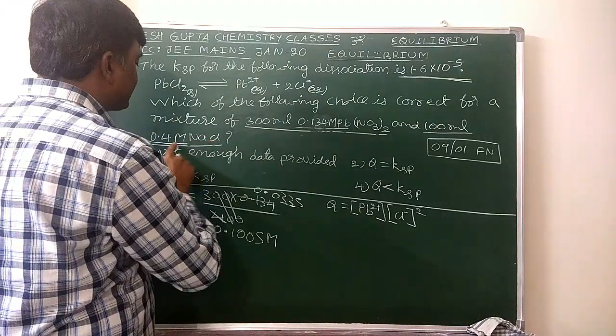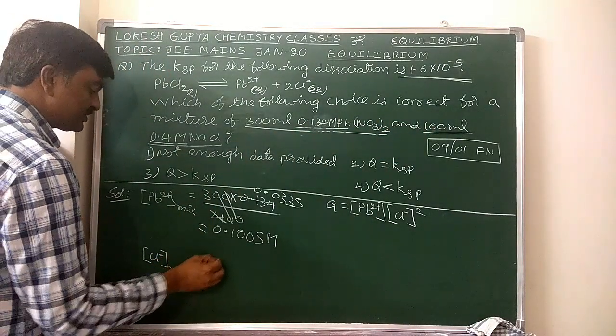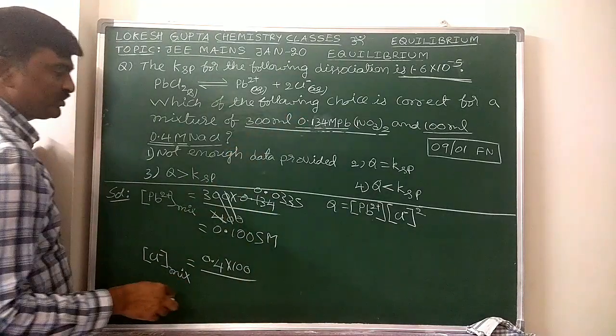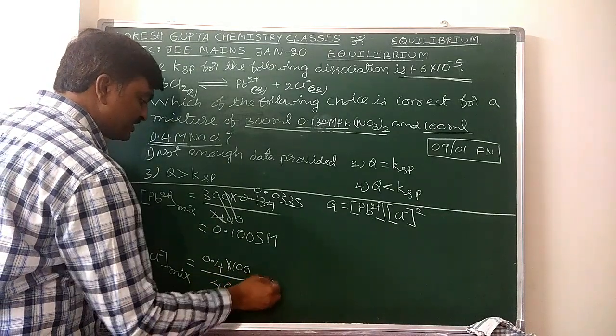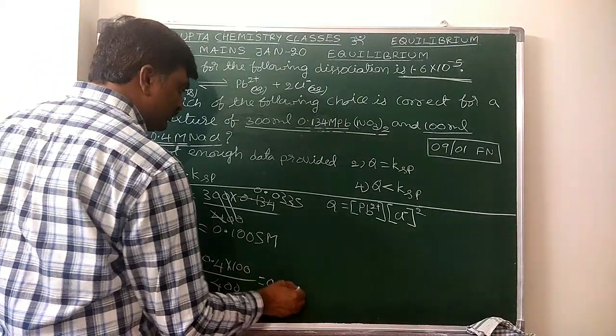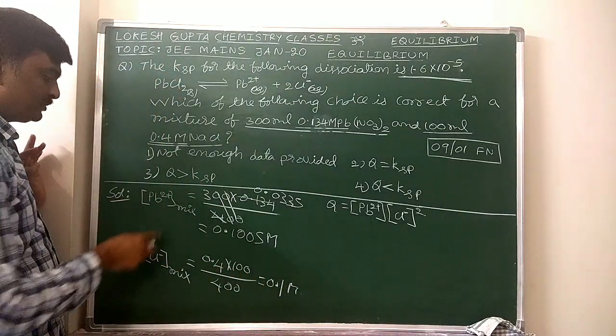Number of millimoles of Cl- is molarity into volume in milliliter, 0.4 into 100 by total volume 400. Now this is equal to 0.1 molar.